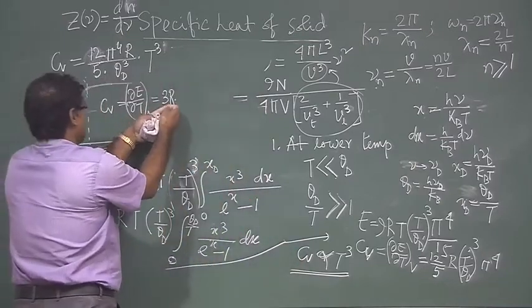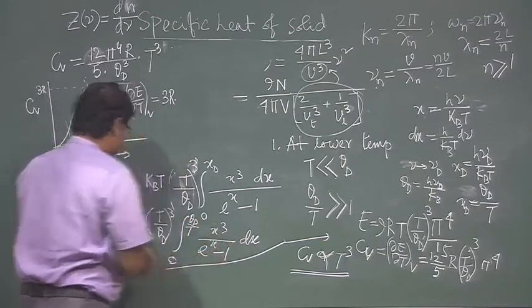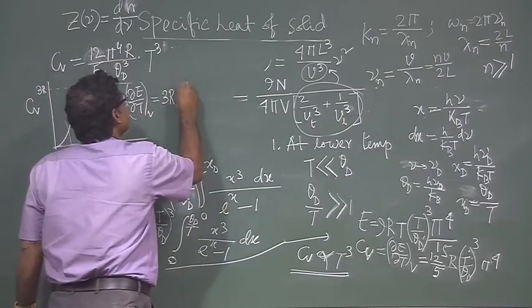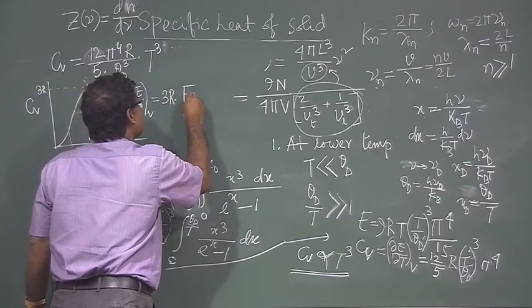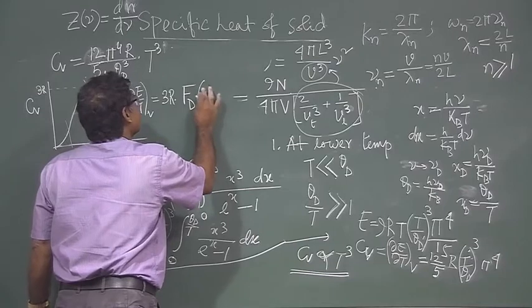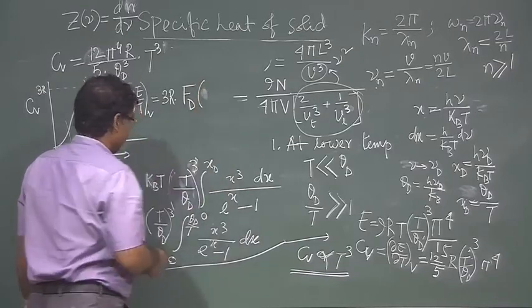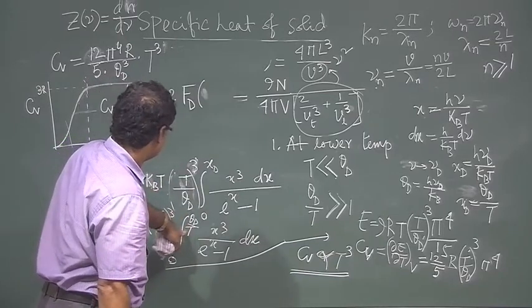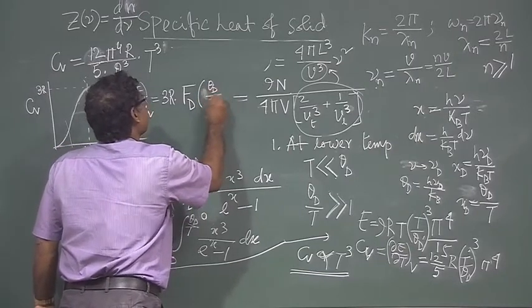So, 3R, and the rest of the part depends on T. This is the Debye function, which is a function of θ_D by T. Okay.